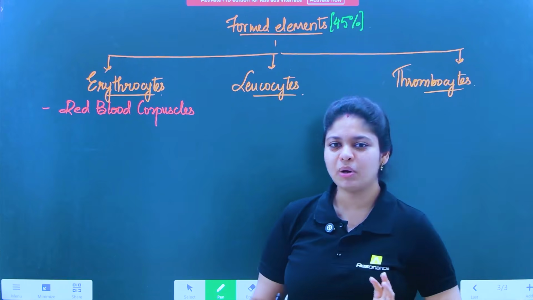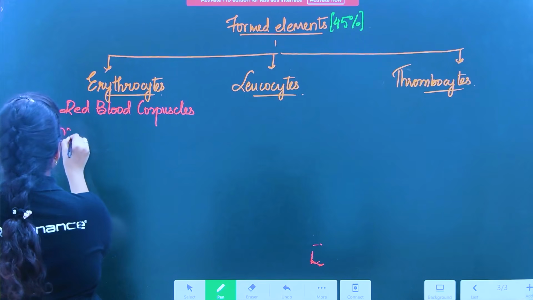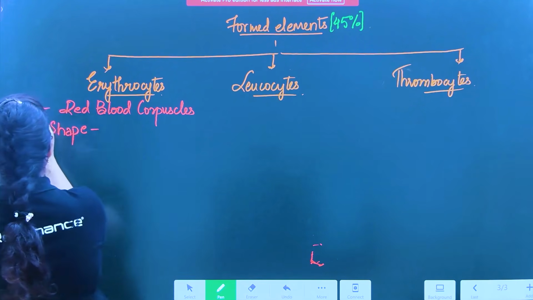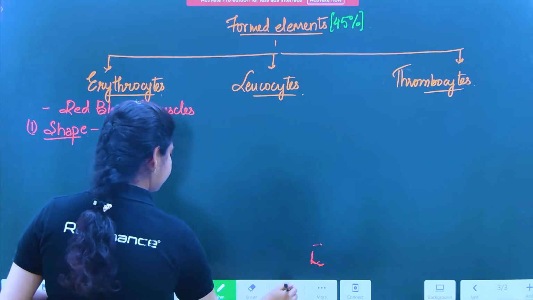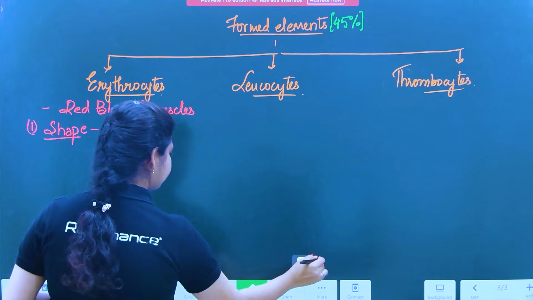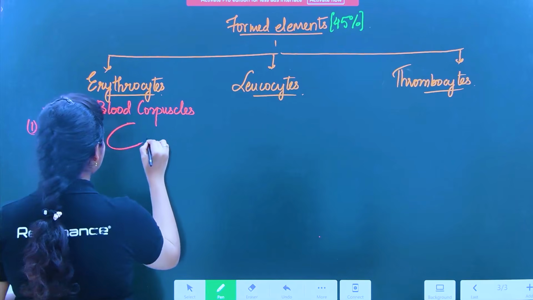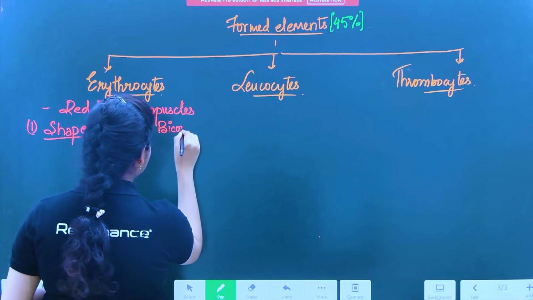Now let us study that in detail. First, we will learn about the shape. What is the shape? It is biconcave in shape.